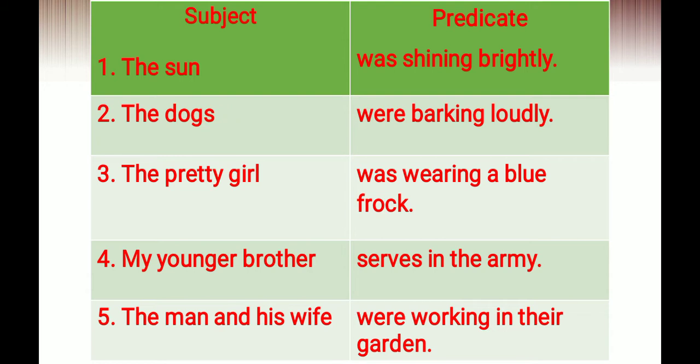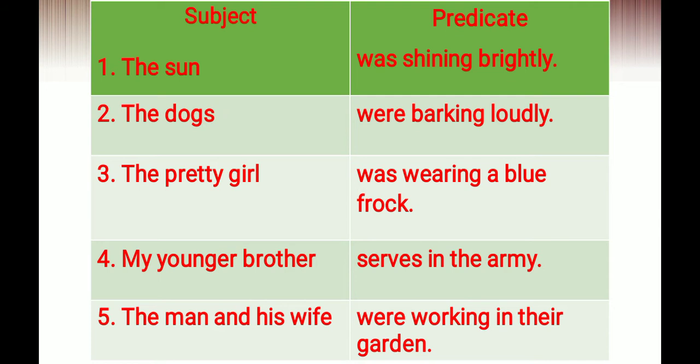In the third sentence, the subject is the pretty girl and the predicate is was wearing a blue frock. Again in the fourth sentence, the subject is my younger brother and the predicate is serves in the army. Again in the fifth sentence, the subject is the man and his wife and the predicate is were working in their garden.